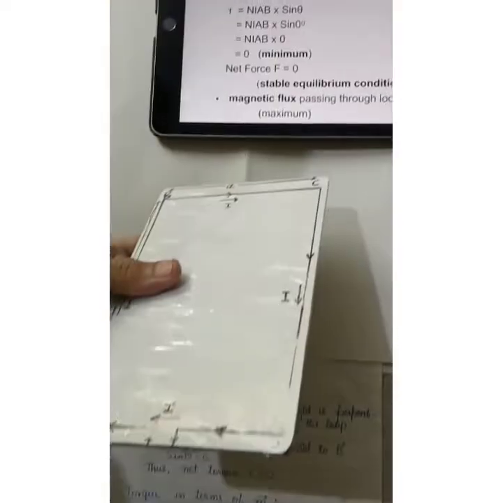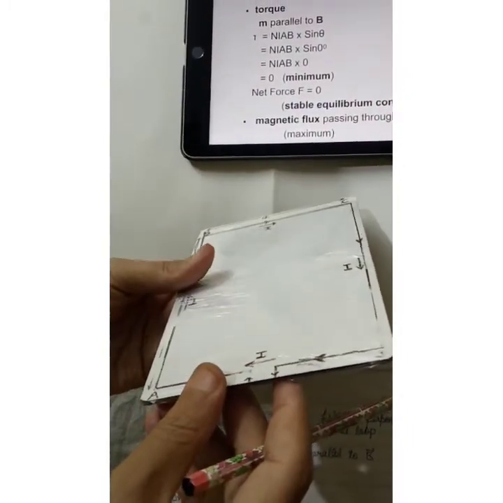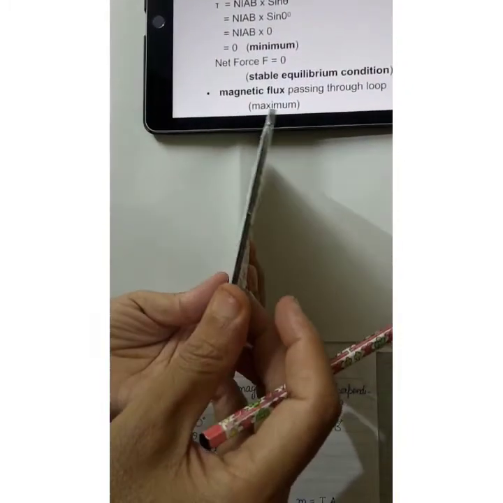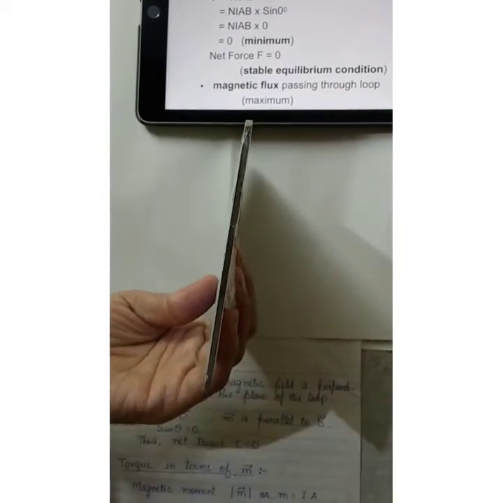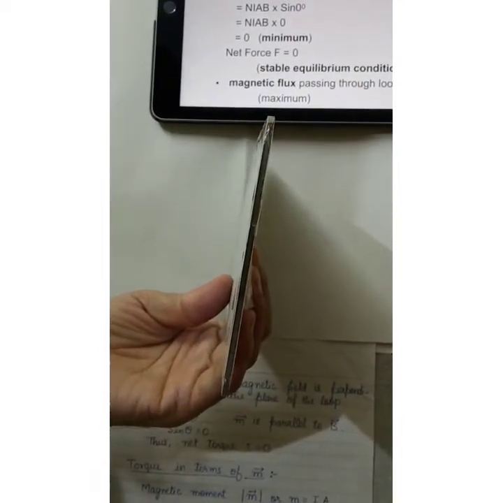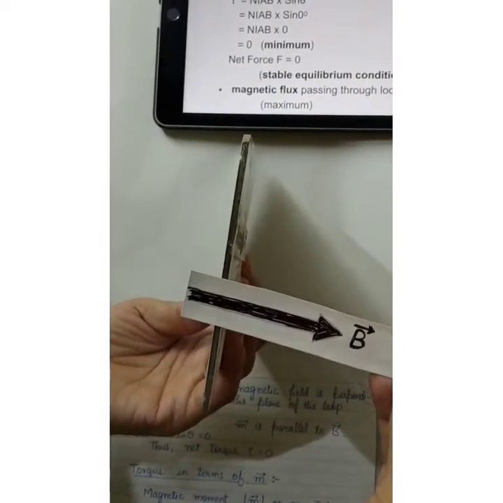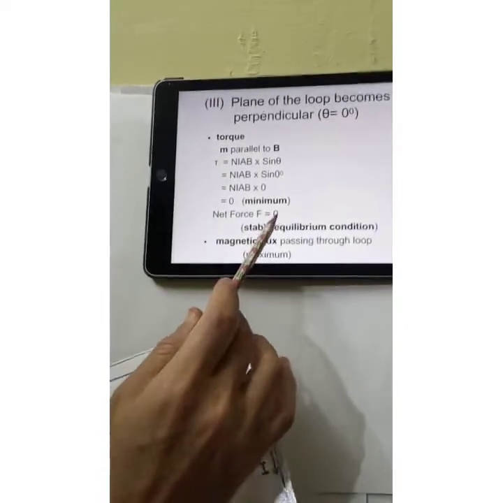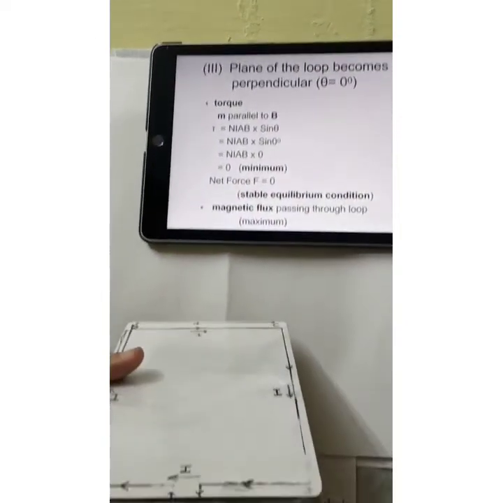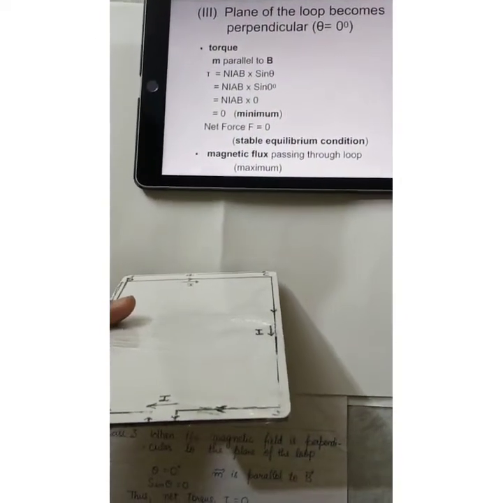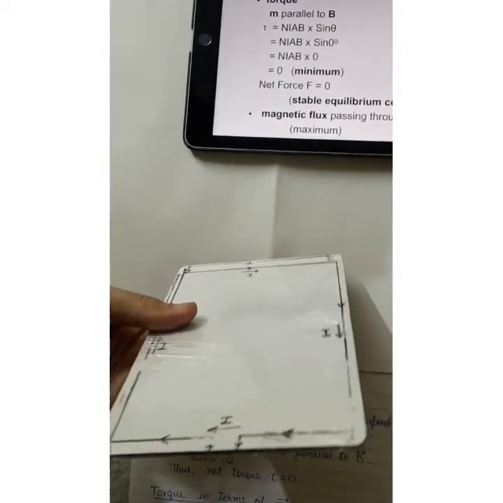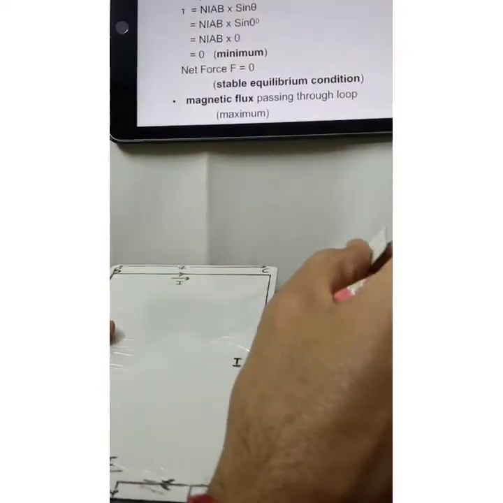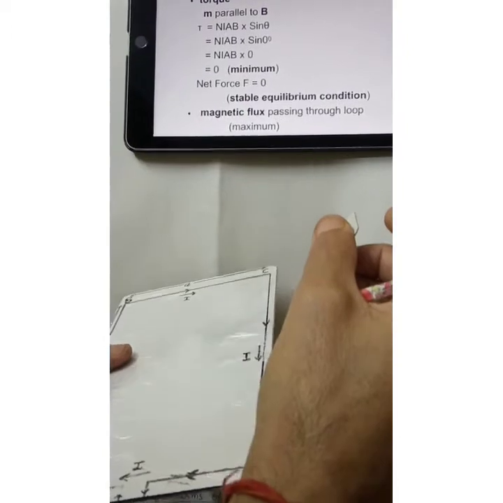So the minimum torque is when our loop is perpendicular to the magnetic field. At the same time, the net force is 0. The forces acting on the two conductors are perpendicular.